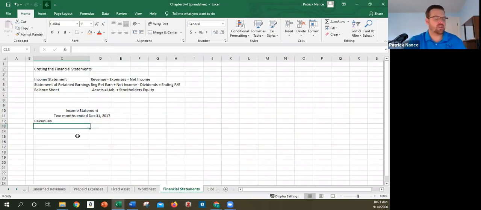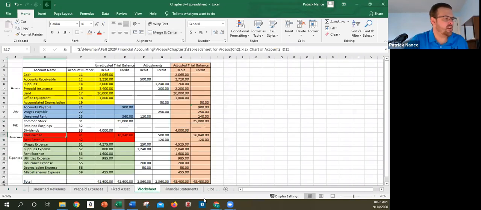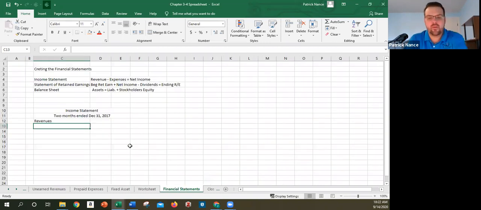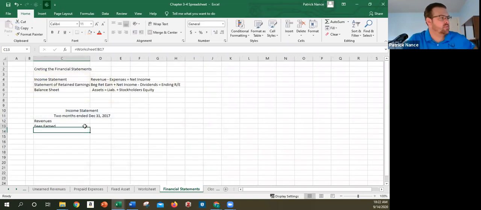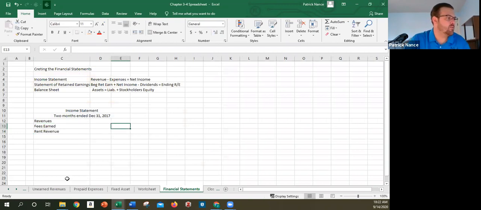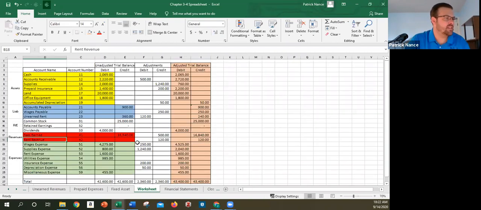So for my first financial statement, we have the income statement. When you look for revenues, they're pretty easy to find. I've got my 2 revenues there: fees earned and rent revenue. So rather than retyping it, I'm just going to reference it. Generally speaking, as far as columns go, I'm not real worried about formatting to be exact.